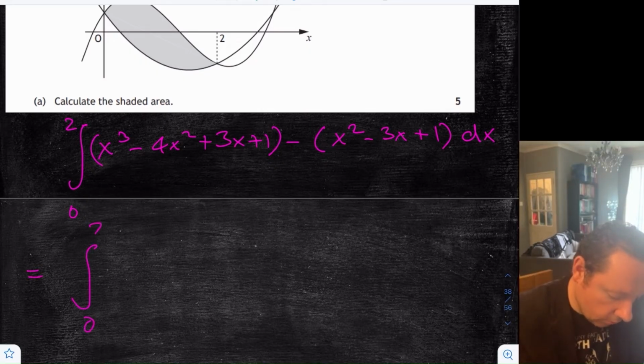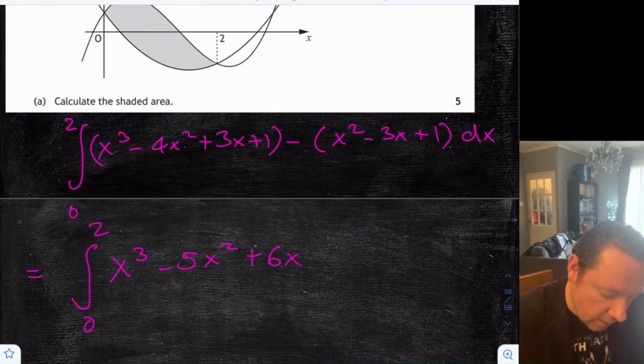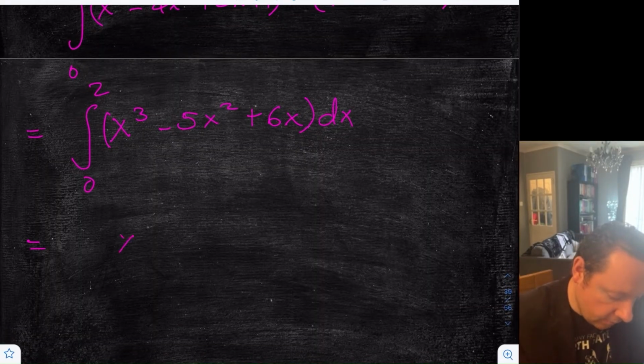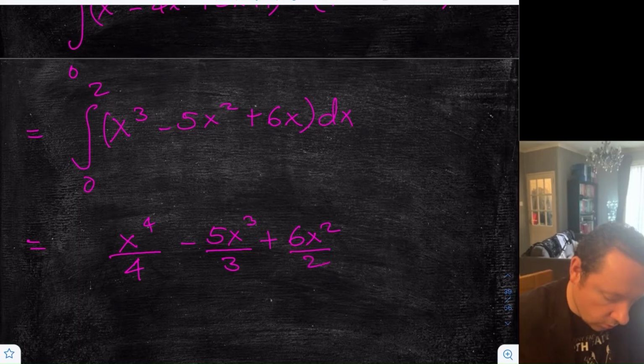So we can tidy that up before we integrate. Between 0 and 2, we've only got an x cubed term, and then our x squared, minus 4 minus 1 is minus 5x squared. Our x terms, 3x minus minus 3x is plus 6x, watch the signs, and then 1 minus 1 is 0. So we get this integral to do. So that is x to the 4 over 4 minus 5x cubed over 3 plus 6x squared over 2 between 0 and 2.